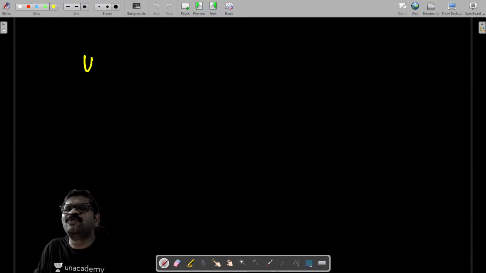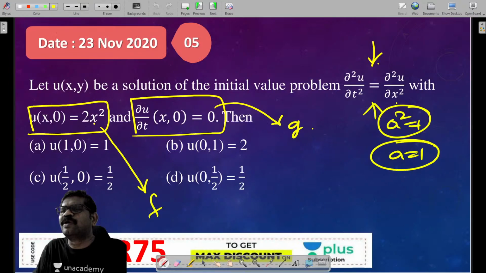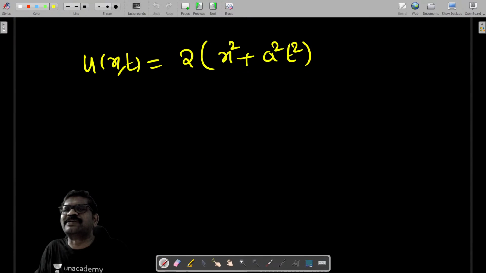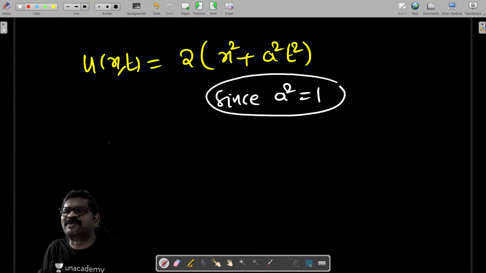Therefore u of x comma t is 2 into (a square means x square, b square means a square t square). In this problem, what is a square value? 1. That's why I am going to substitute a square value 1.